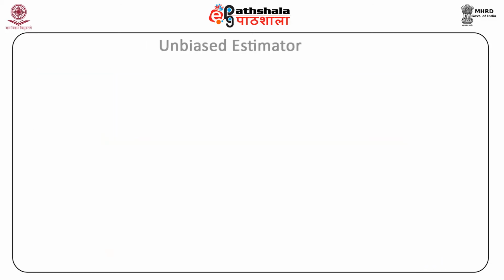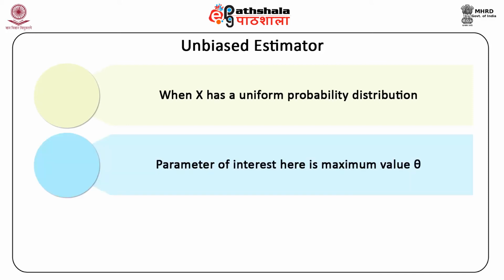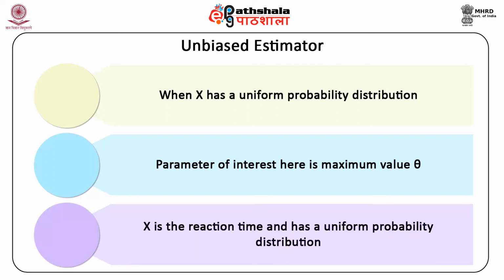The second case is when X has a uniform probability distribution from 0 to an unknown maximum value theta, so that the parameter of interest here is the maximum value theta. For example, X is a reaction time to a certain stimulus and has a uniform probability distribution.